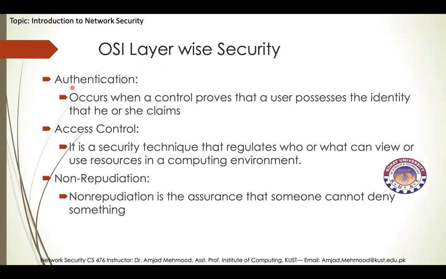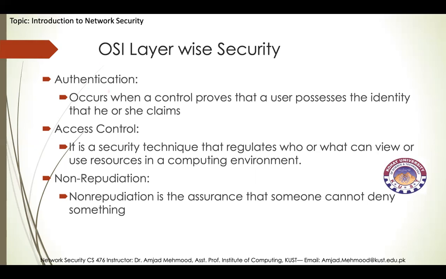You have already studied this in your data communication course, but that was a general overview of the OSI model. Today we will be seeing how we can view OSI from the perspective of security.